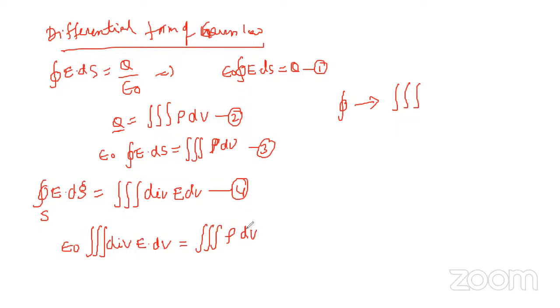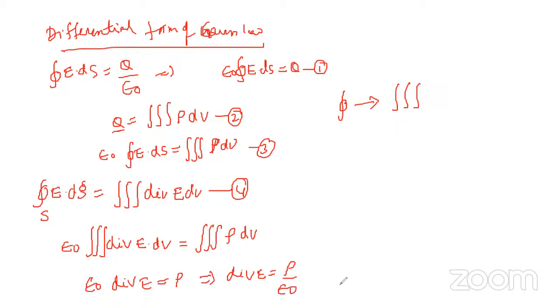From this, we get epsilon naught times divergence of E equals rho. That implies divergence of E equals rho by epsilon naught.